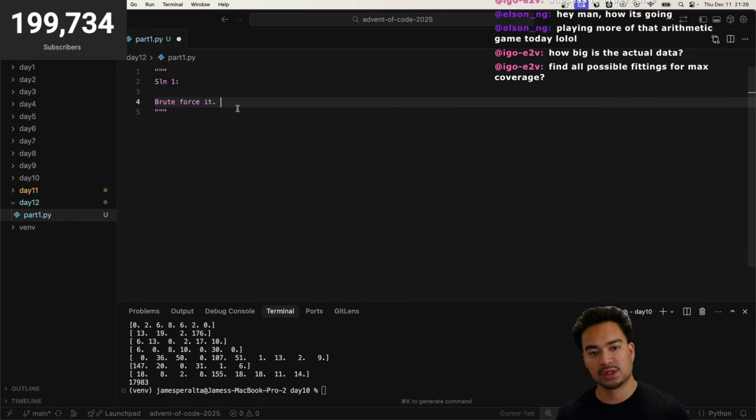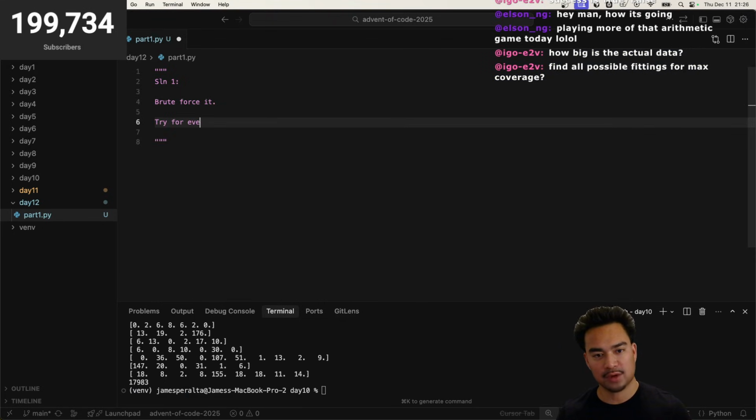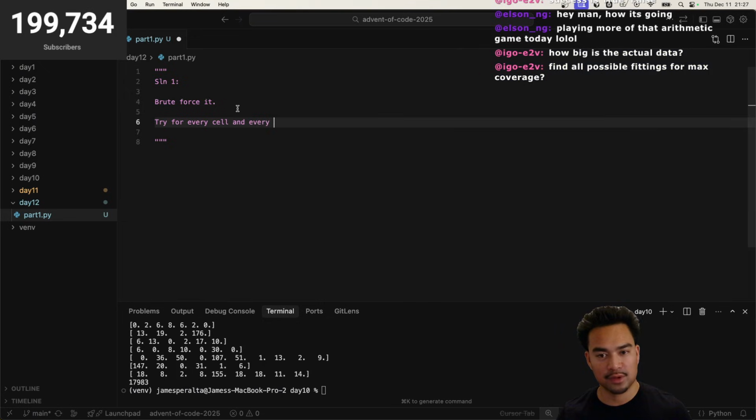One way to brute force is to try for every cell and every orientation.